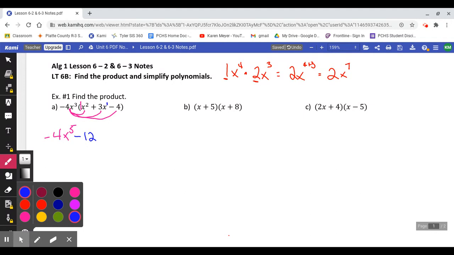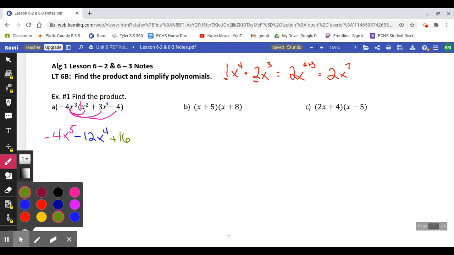This x doesn't have an exponent, so make sure you put in the magic little 1. And then add your exponents when you're multiplying. And 3 plus 1 is x to the 4th. Then take -4 times -4, which is +16.